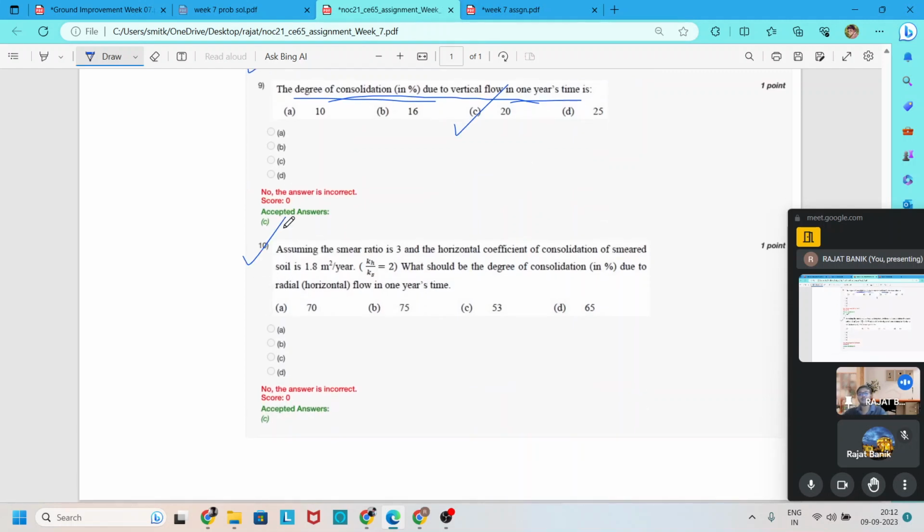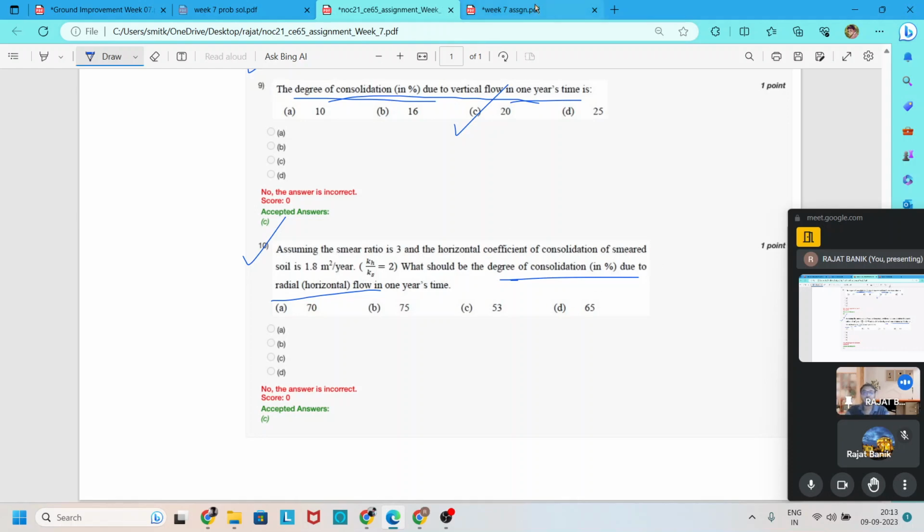Now question 10 says that, assuming the smearing ratio is 3 and the horizontal coefficient of consolidation of the smear soil is 1.8 meter square per year, and kh by ks, the ratio of the coefficient of permeability to the coefficient of permeability in the smear zone, is equal to 2, find out the degree of consolidation in the radial flow for the smearing effect.